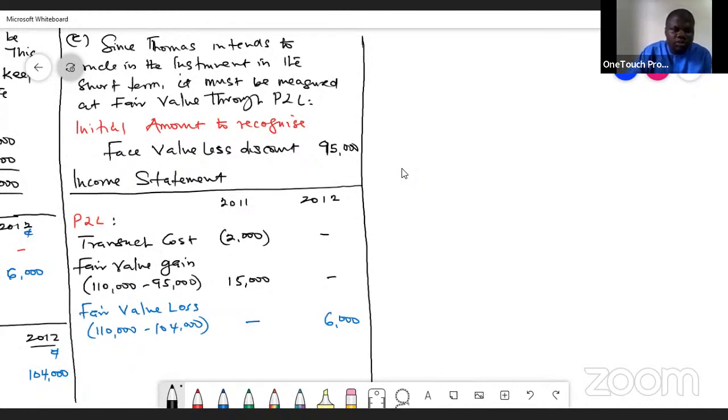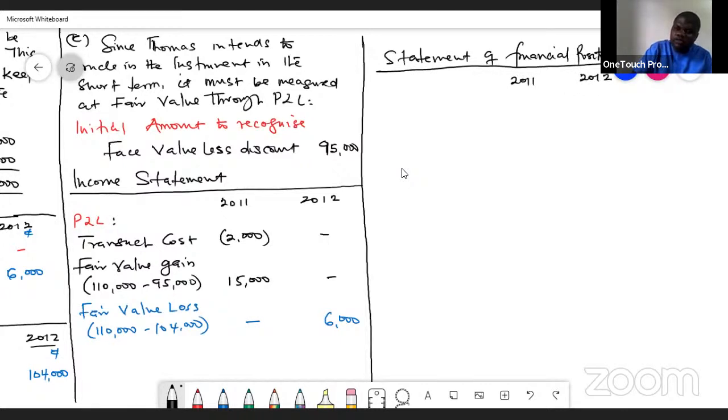So, in the statement of financial position for 2011, 2012, you write non-current assets, investments.